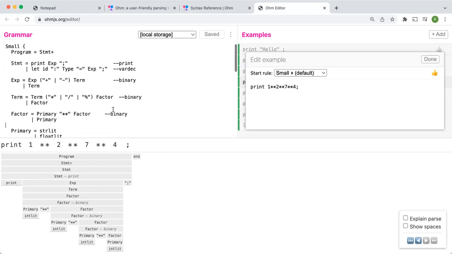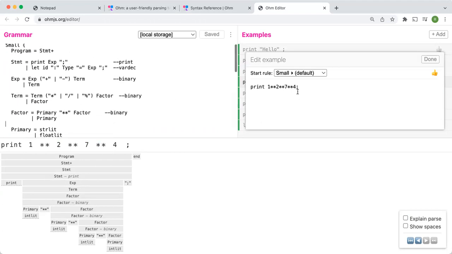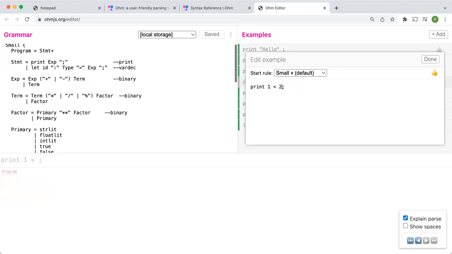Okay. Any other operators we should add? Yeah, I think maybe, what about 1 less than 2? I definitely want something like this, but let's implement that. These are called the relational operators. We want relational operators to have lower precedence than the rest.